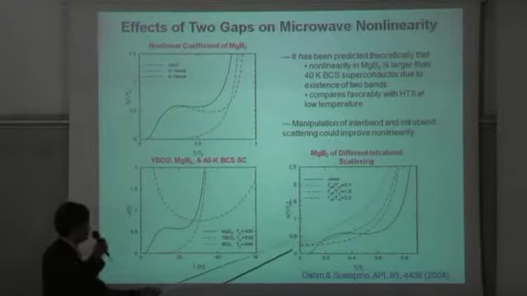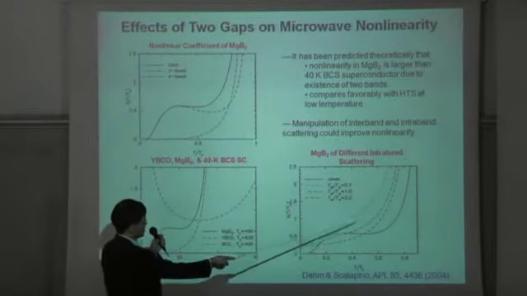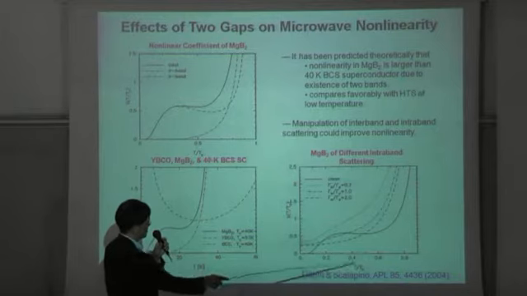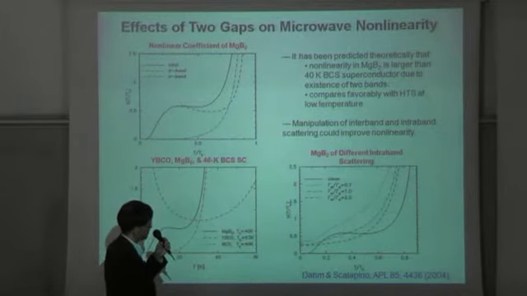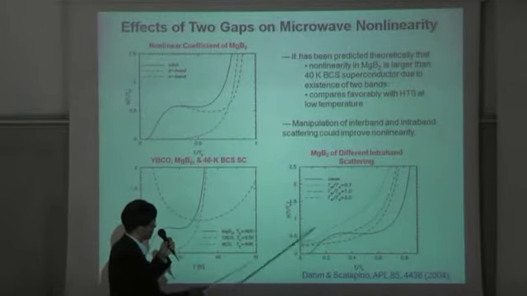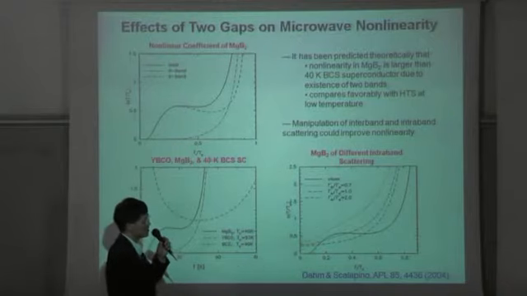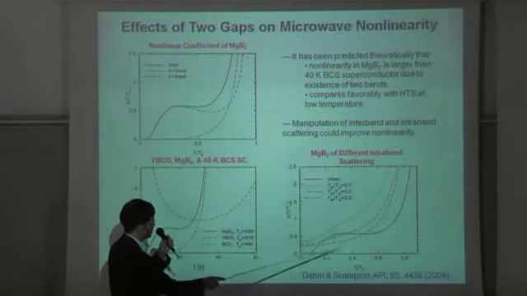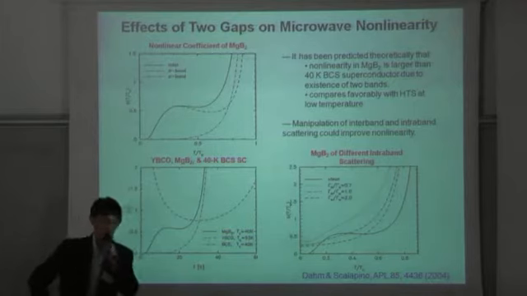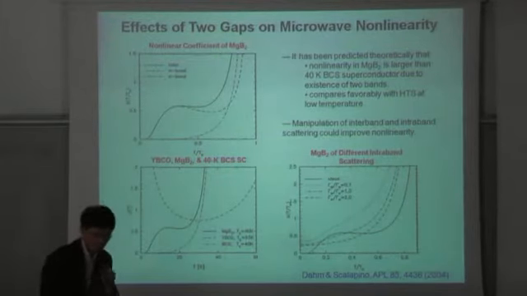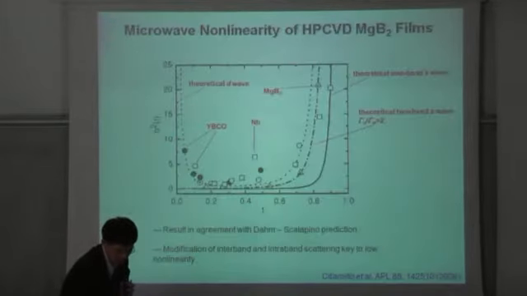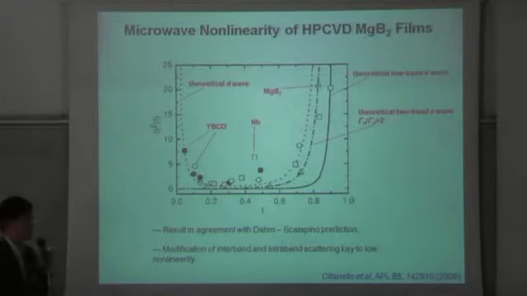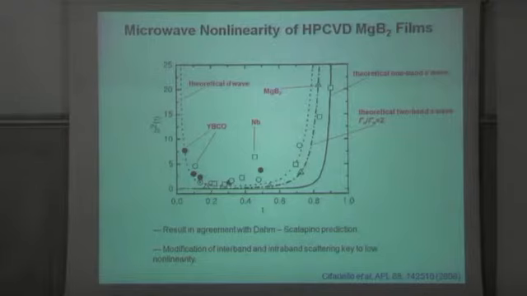When you do that, you can change the characteristics of the temperature dependence of the nonlinearity. So you could adjust it so that you have a lower nonlinearity in some of the temperatures. So this again is something that needs to be studied to completely understand the nonlinearity behavior.